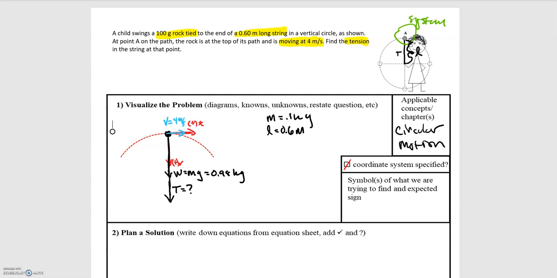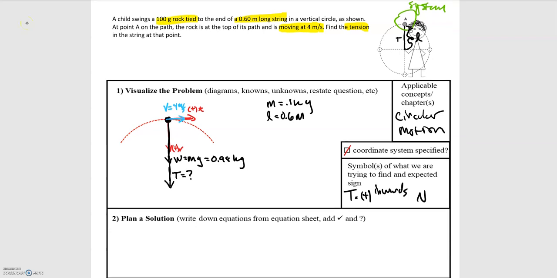So now we've determined all the given information in the problem. What are we asked to find? Well, we're asked to find the tension, and we're expecting that to be a positive number, pointed inwards, and we're expecting units of newtons.